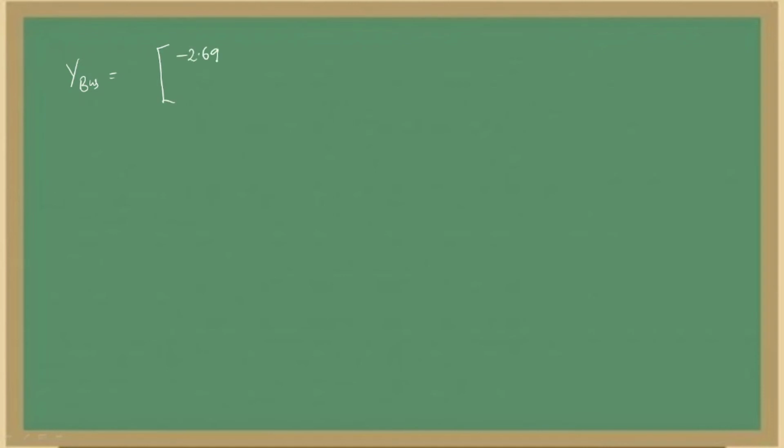If you find Y bus matrix with the help of those calculations, you can get it as minus 2.6923j as one element, and the next element is 1.9231j. If it is 1.9231j, it must be 1.9231j because Y bus matrix as well as Z bus matrix are symmetrical matrices.